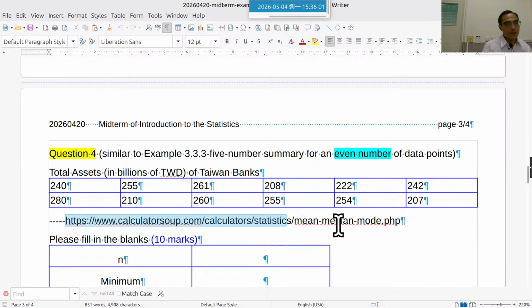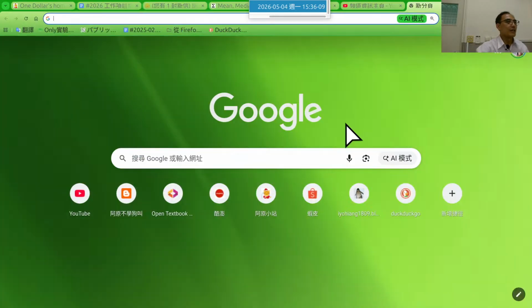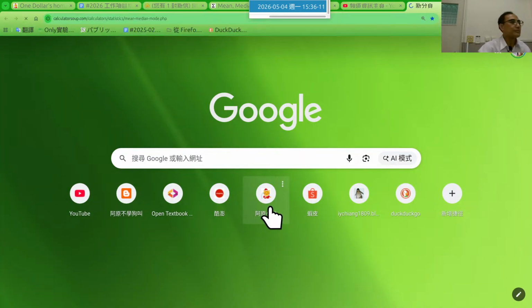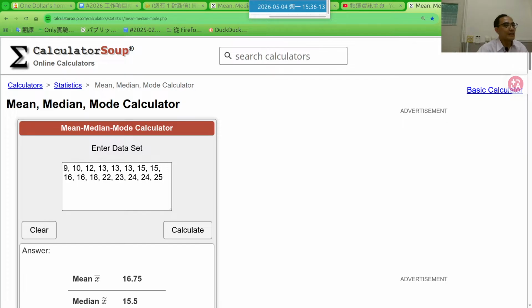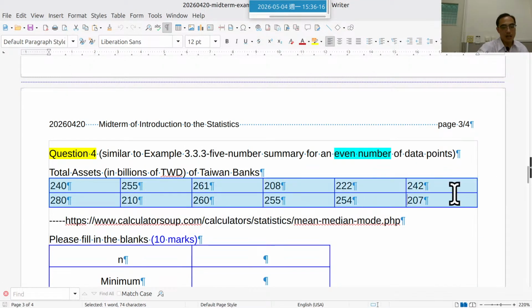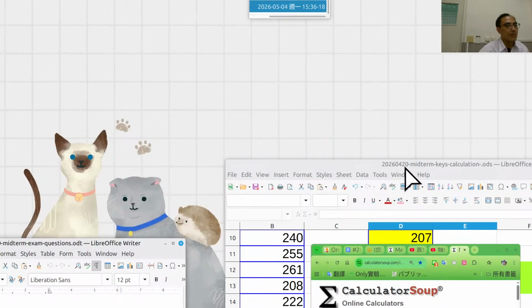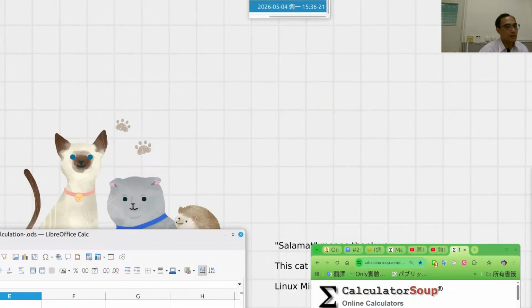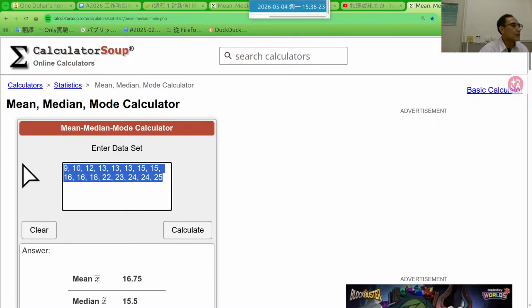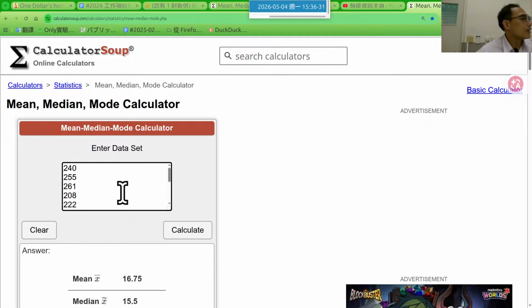Then use this website: Control C to copy, and paste into the website. Then copy the numbers here, delete all the information, and paste the information we got. Okay, delete. How about 1 minute? Please follow this step.